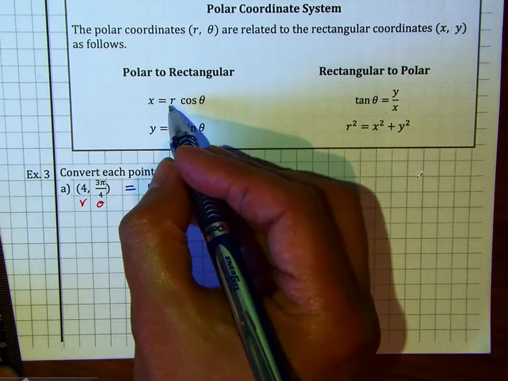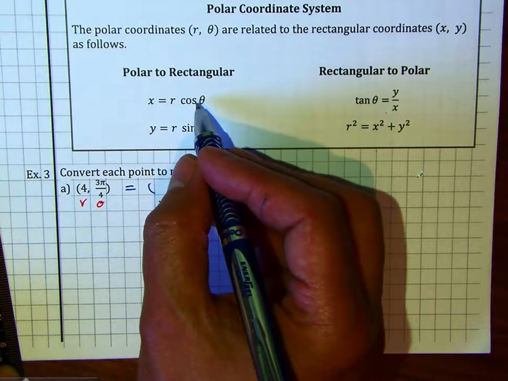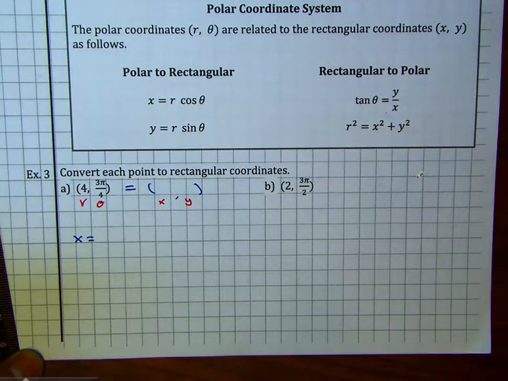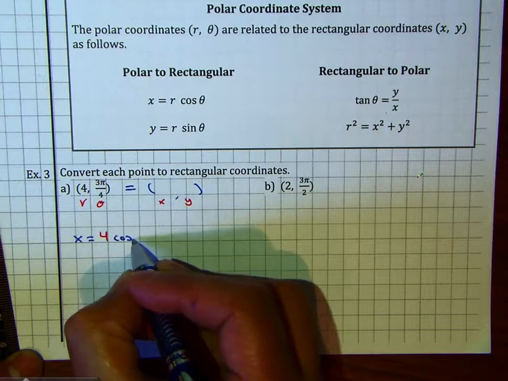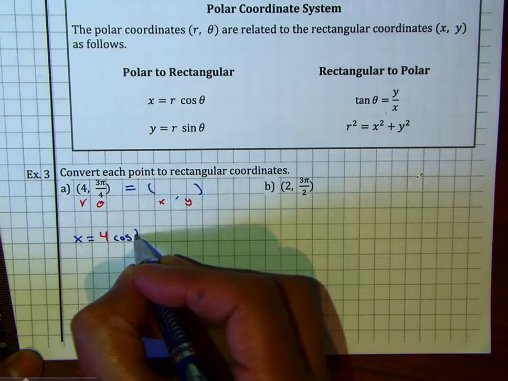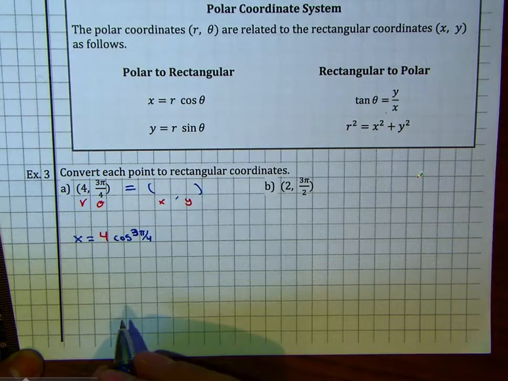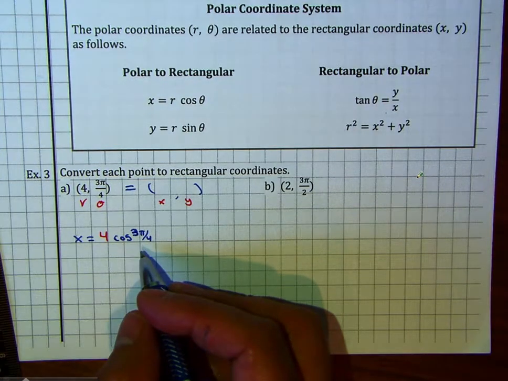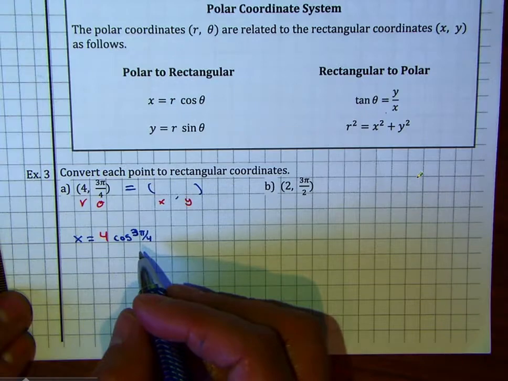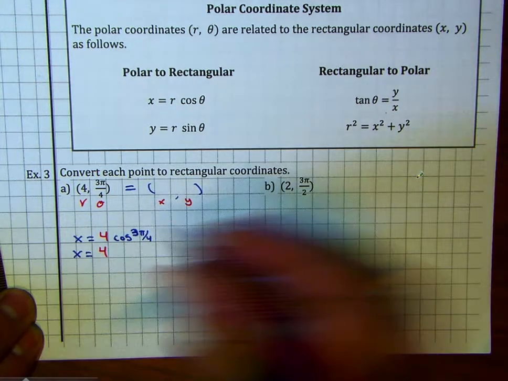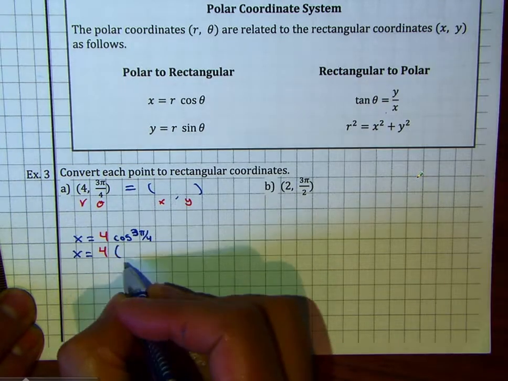So therefore, to find the x, I'm going to use this equation. So x equals r, which is 4, and the cosine of theta, which is 3 pi over 4. Now, you guys should know what the cosine of 3 pi over 4 is. What is the cosine of 3 pi over 4?